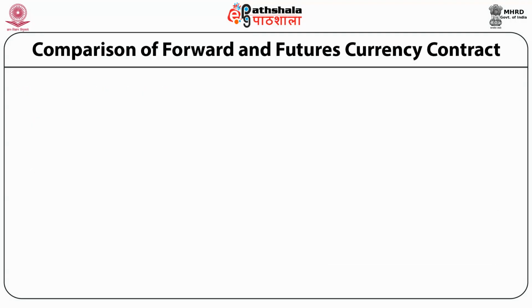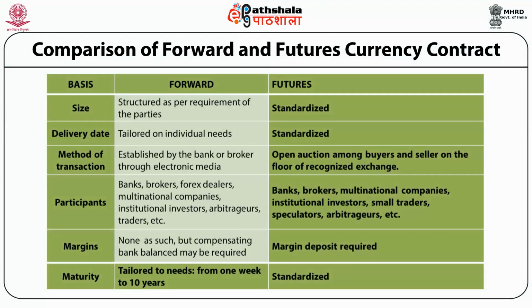Let us look at a glance of comparison of forward and future currency contracts. On the basis of various parameters like size, delivery date, method of transaction, participants, margins, and maturity, there are differences in the forward and the future currency contracts.